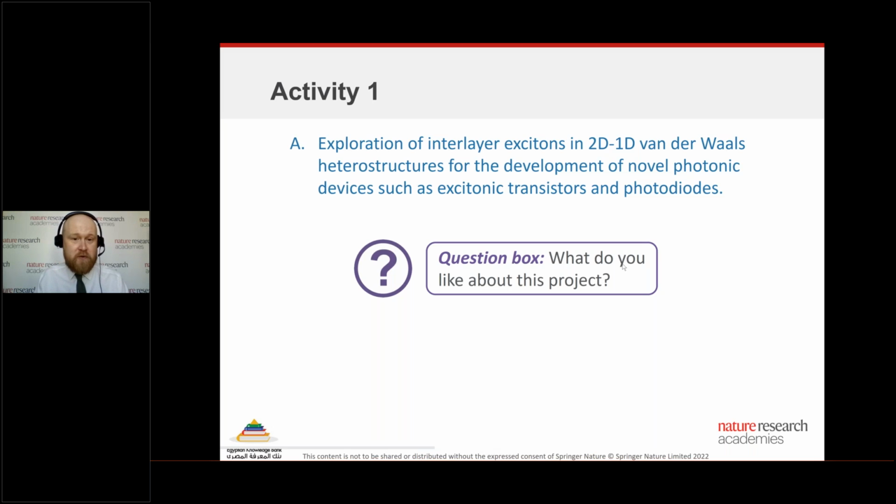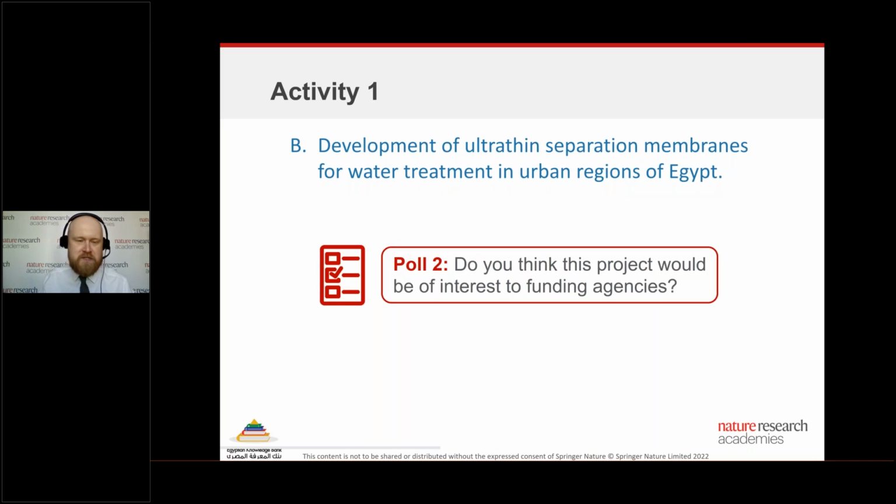We also, of course, need to provide our reviewer with what the impact of our study is going to be. Why does our study matter? I think it's likely that a project like this could be of interest to a funder. Van der Waals heterostructures are quite an emerging area of research, many different types of purpose, such as transistors. But yes, thank you for your thoughts on that project.